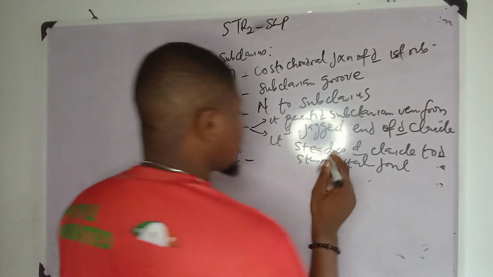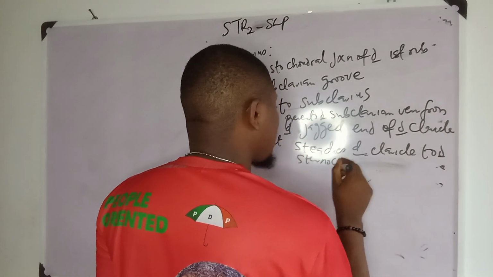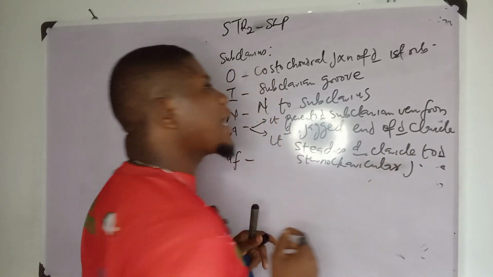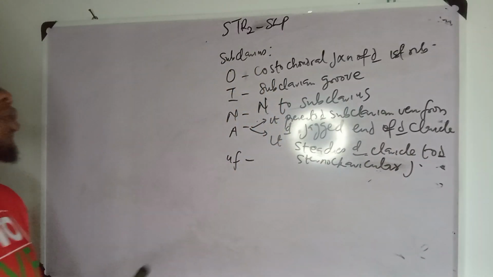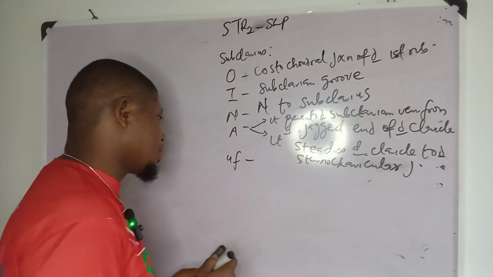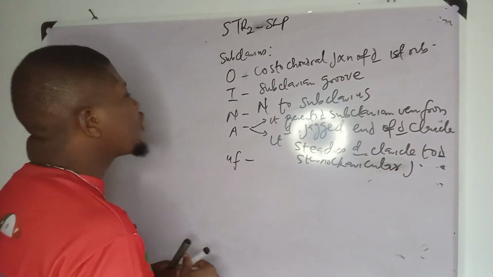Sternoclavicular joint. Sorry, that's what I mean, the sternoclavicular joint. So it steadies the clavicle to the sternoclavicular joint.